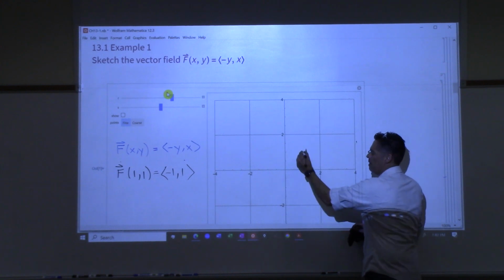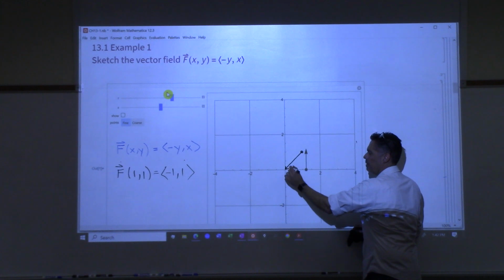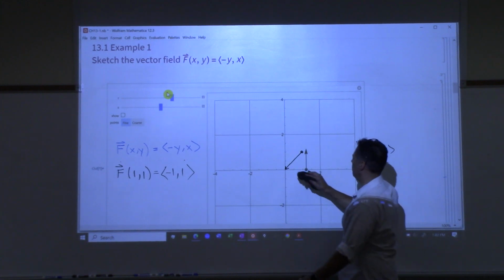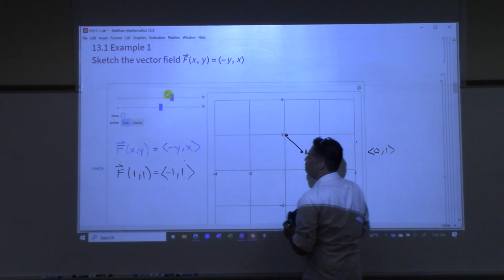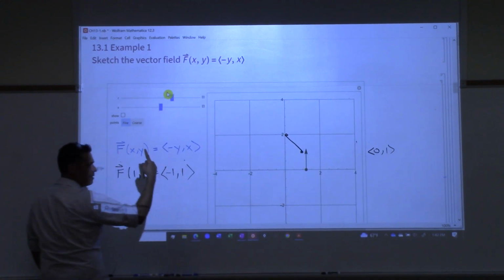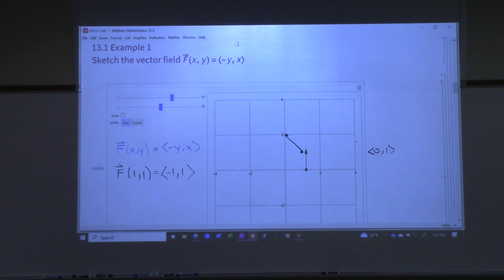So it should point like that. Oh, I wrote the, yeah, sorry. Yes, that's, again, left 1, up 1. Like that. Let me move this to 1. There it is. Oh, hey, pretty good.